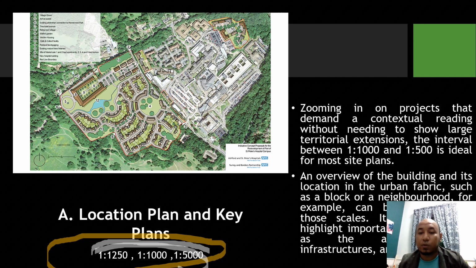The interval between 1:1000 and ratio 1:500 is ideal for most site plans. An overview of the building and its location in the urban fabric, block and neighborhood, for example, can be contained in the total scale. It's possible to highlight important elements such as the availability of infrastructure, among others.